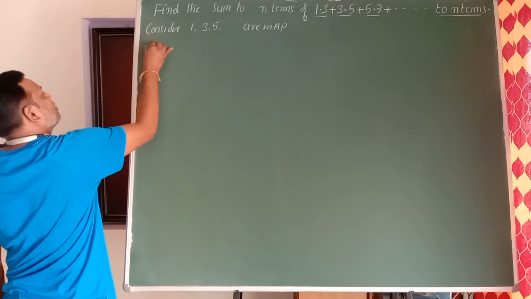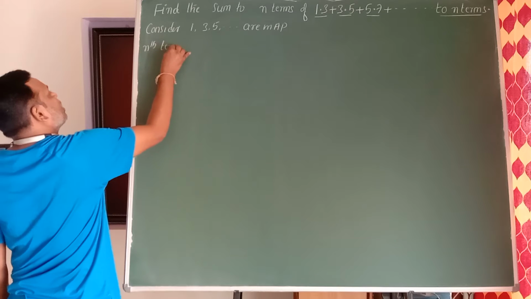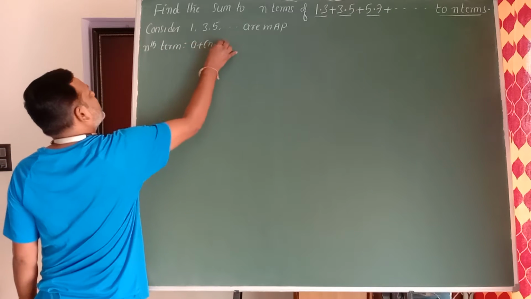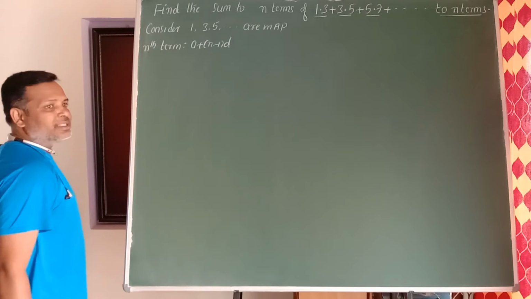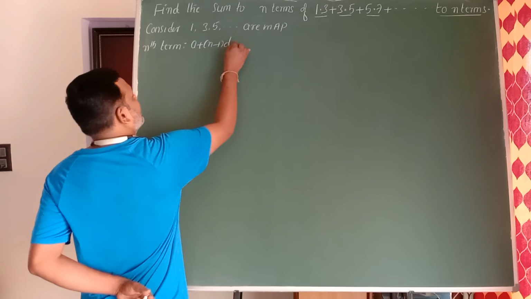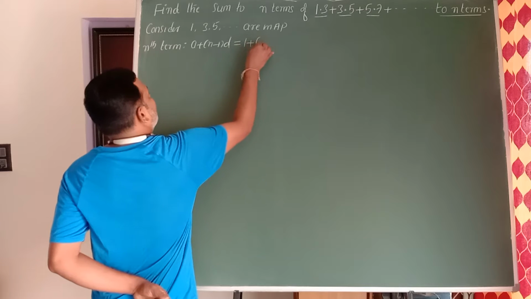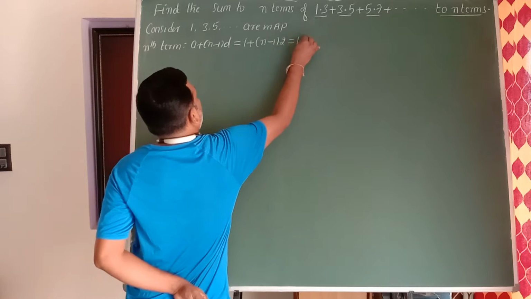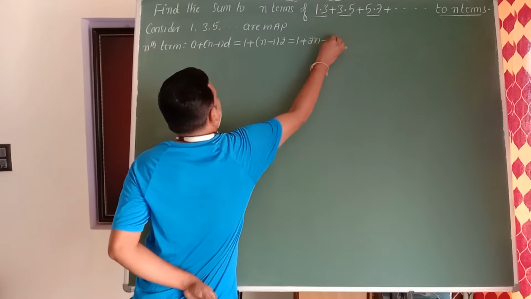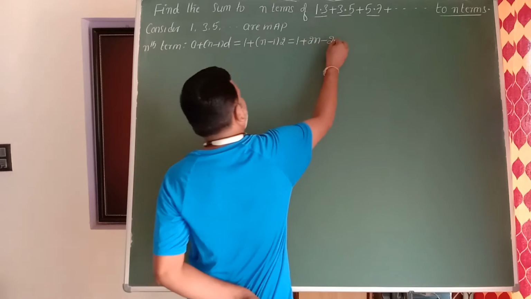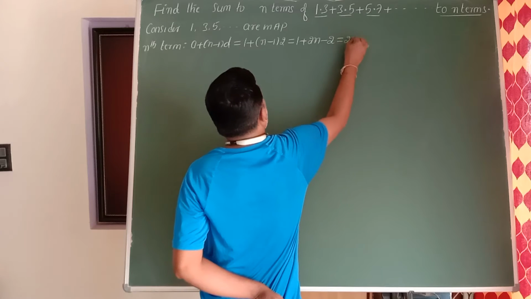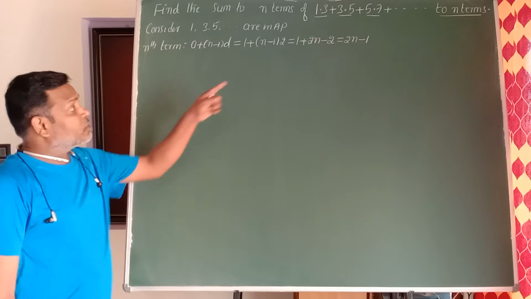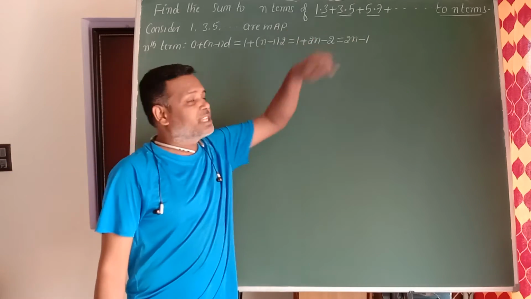So nth term is given by the formula a plus n minus 1 into d, since they are in AP. Just substitute here: a is 1, 1 plus n minus 1 into d, d is 2. Simplify that: 1 plus 2n minus 2. So by simplifying this, you will get 2n minus 1. Okay, now it is the nth term of the first sequence.